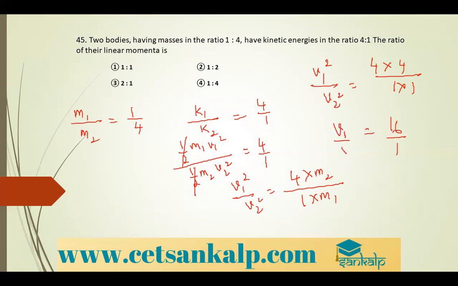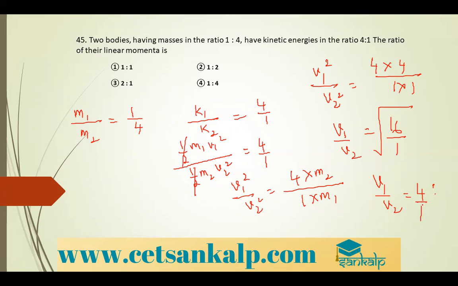So v1 by v2 is equal to square root, which is 4/1. That is done.